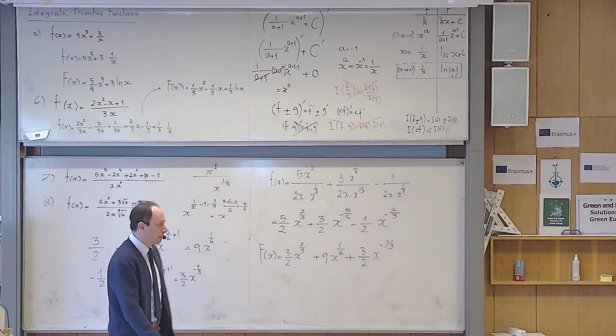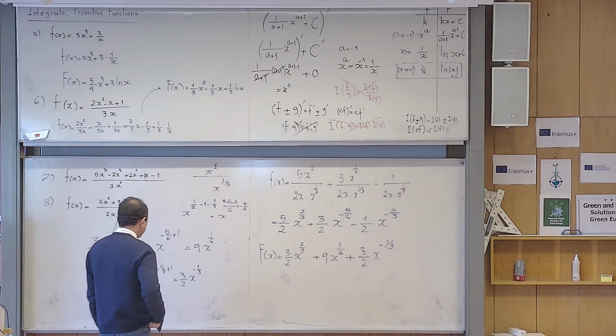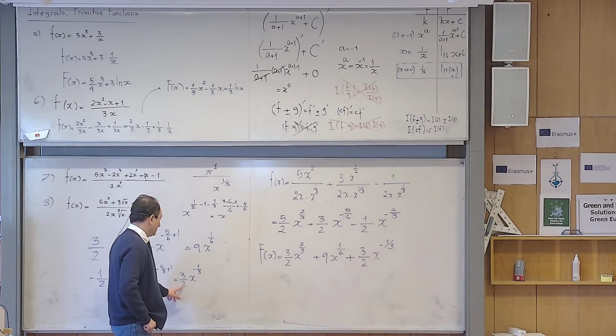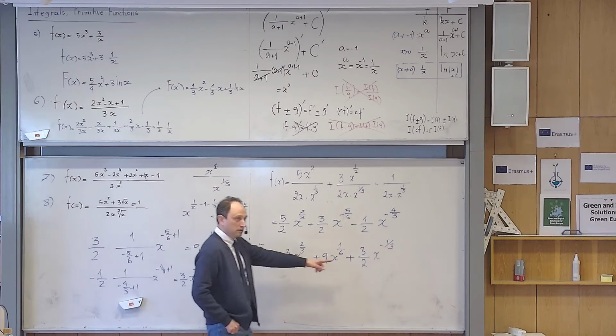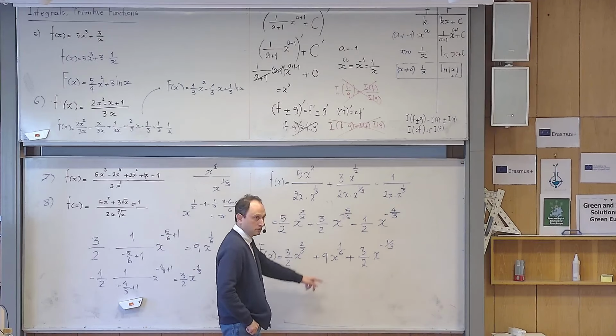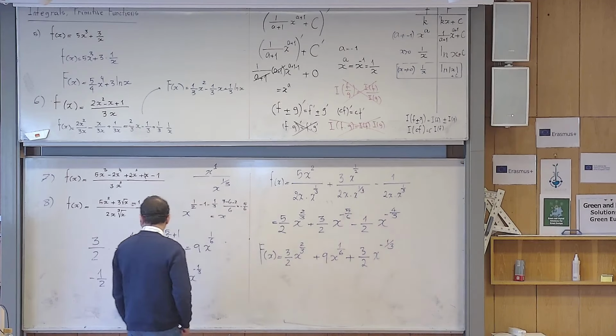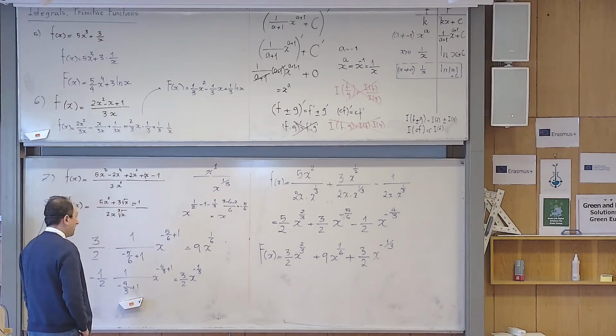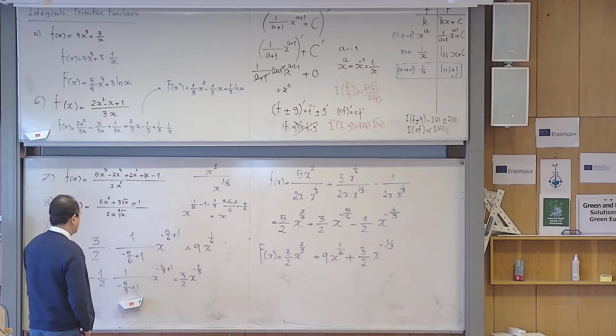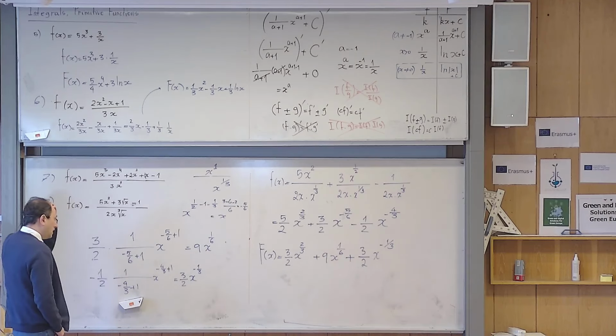Yes? What did you do on the 3 over 2? Here? On the right part of the word. I didn't consider it, you mean? At the beginning. Above it. I did it in my head, I think.